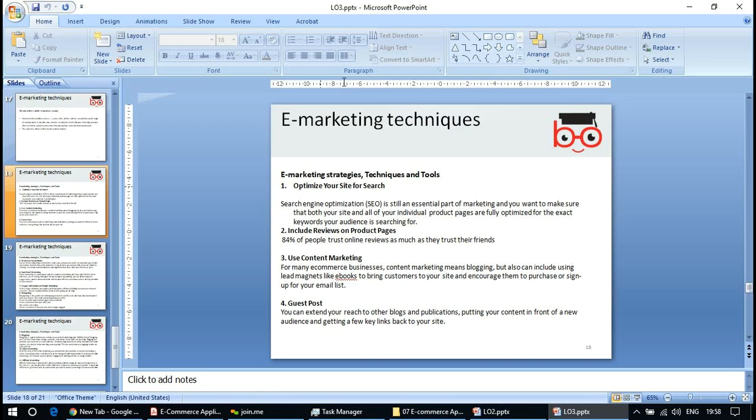Strategies in order to market. How you would market well. Optimize your site for search. So your website should be good enough that the search engine automatically finds your website and your product. There shouldn't be any bugs, irrelevant, unclear or incomplete information on your website.